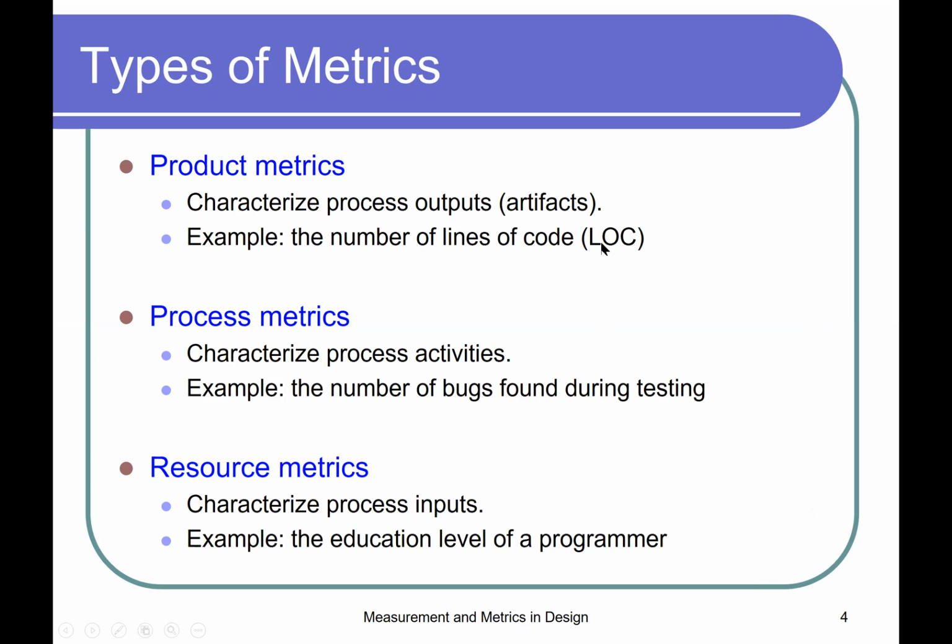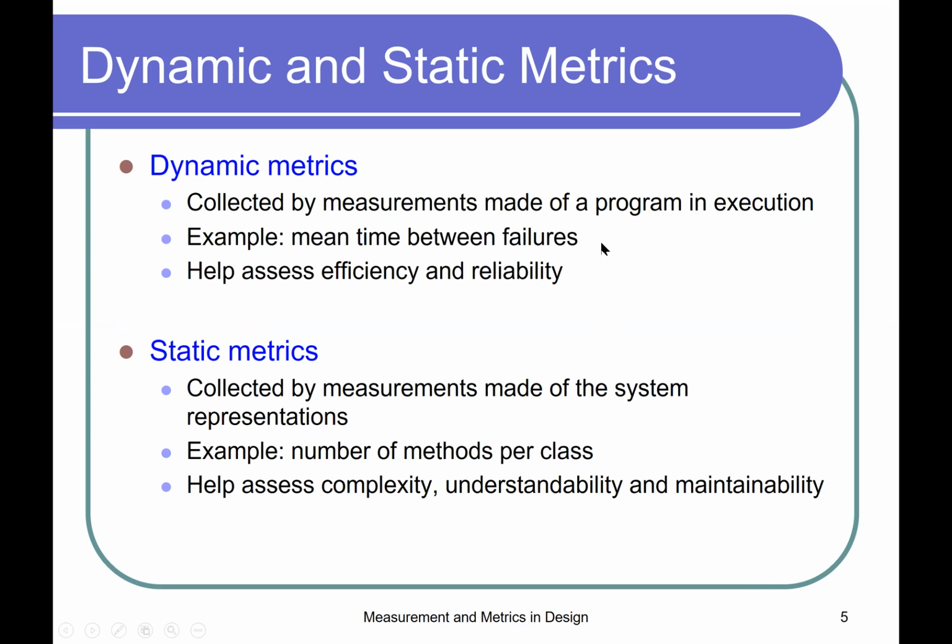All right, so another aspect that we can categorize our metrics with is whether these metrics are static or dynamic. Now static metrics are metrics about my product, my software, as it is in a static mode, so it's not running. Things like how many classes do I have, how many lines of code do I have, how many methods per class do I have, and so on.